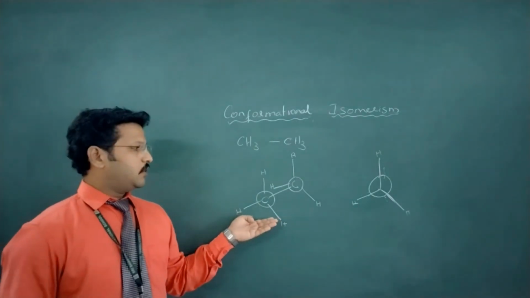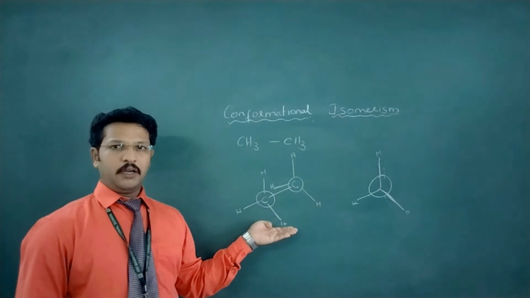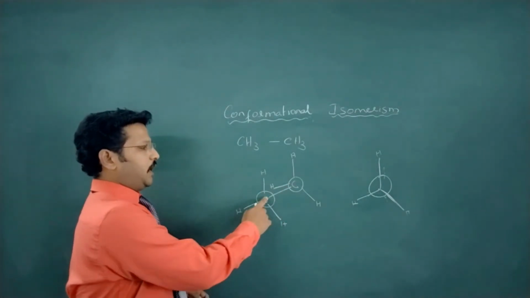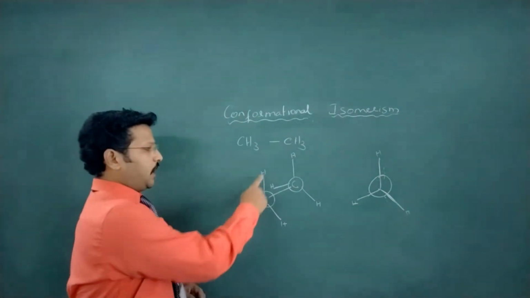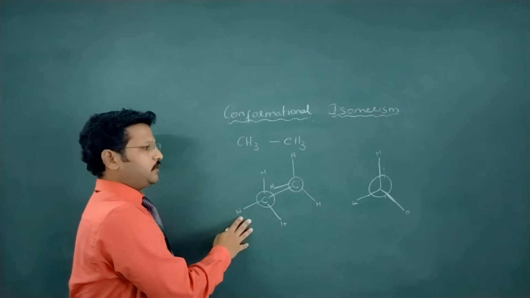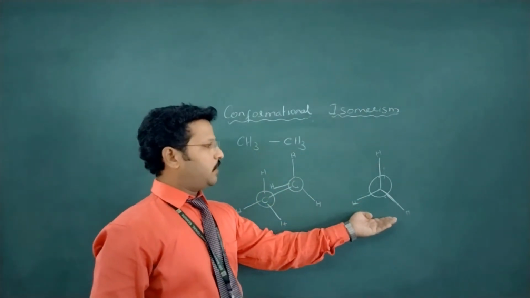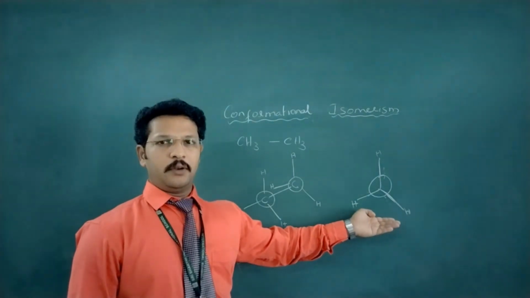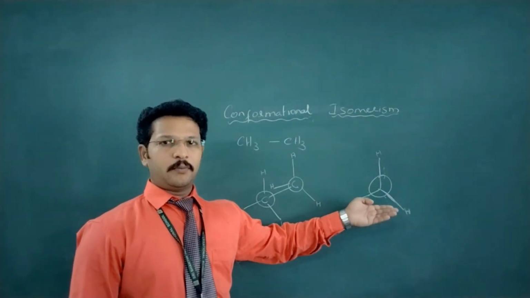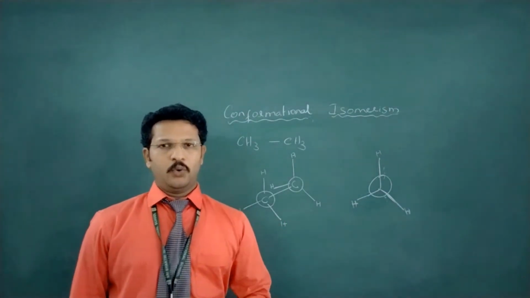The first notation is the Sawhorse formula. In the Sawhorse formula, both carbon atoms are shown and all their bonds are displayed. Better than this is the Newman projection formula, which is easier for drawing conformational isomers. Using the Newman projection formula, I will elaborate the conformations of butane.